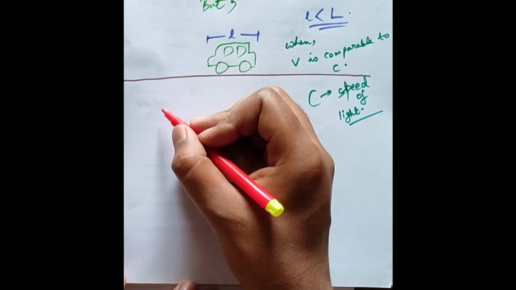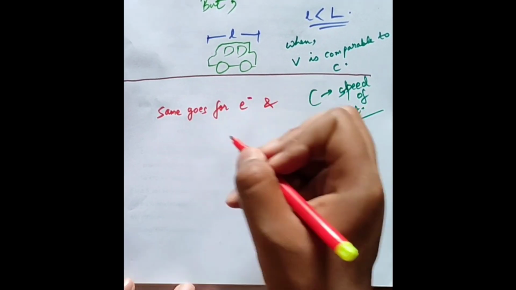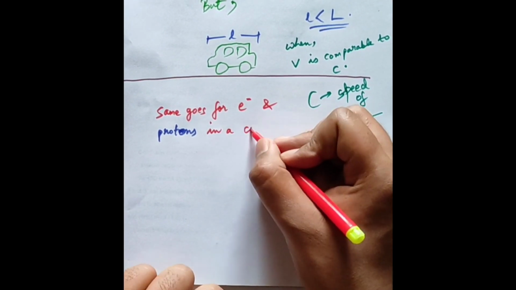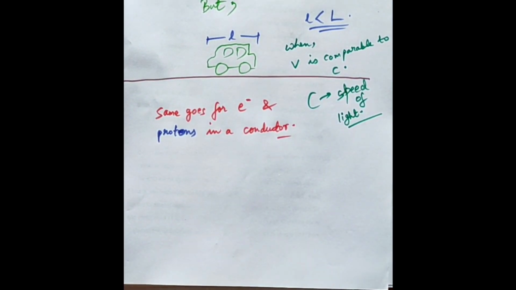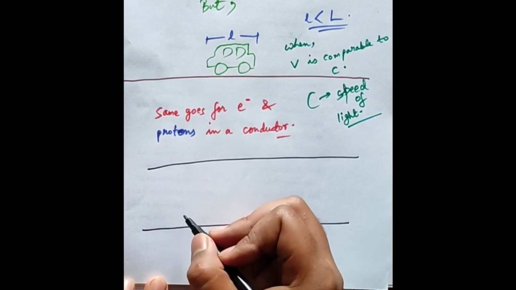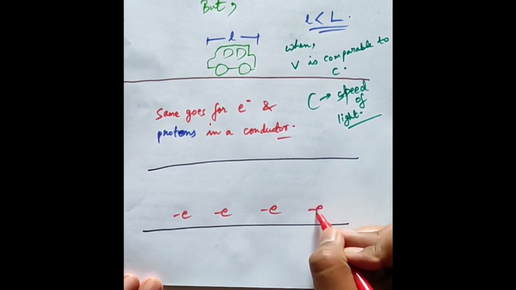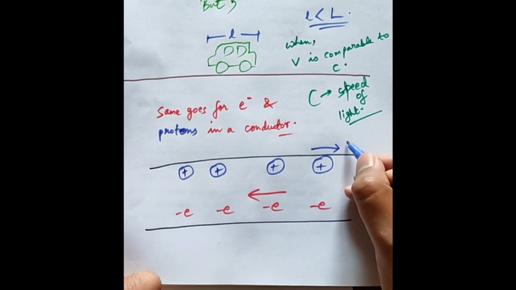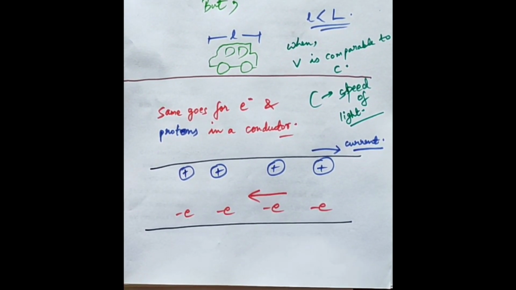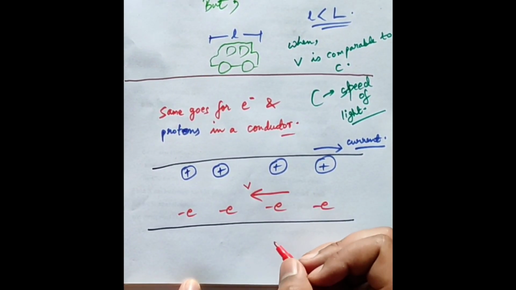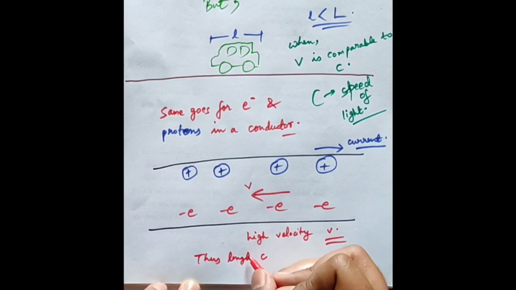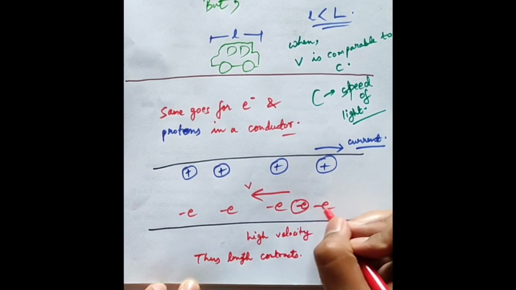The same length contraction goes for the electrons and the protons in the conductor. A conductor contains positive charges and electrons. Moving positive charges denote the direction of current, or the electrons moving in the opposite direction denote current their way.